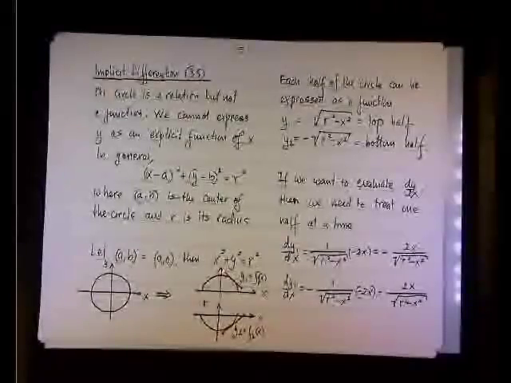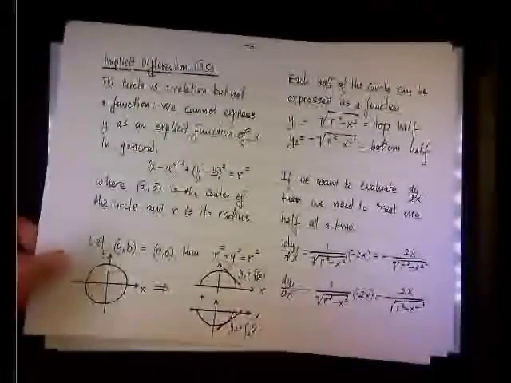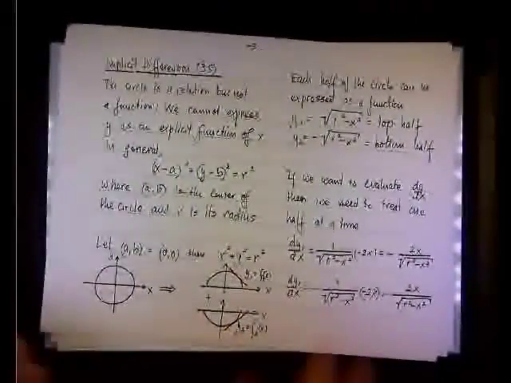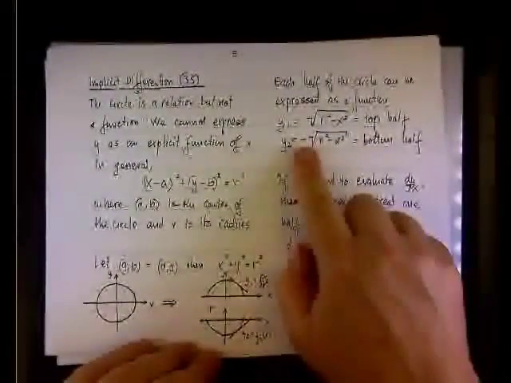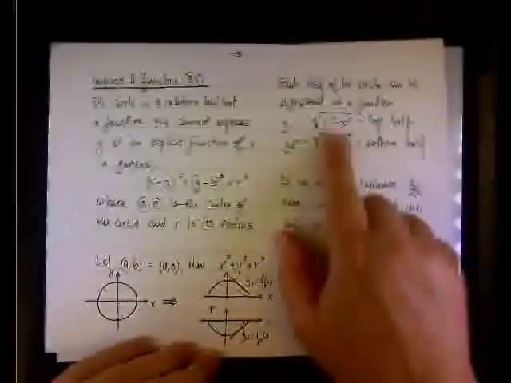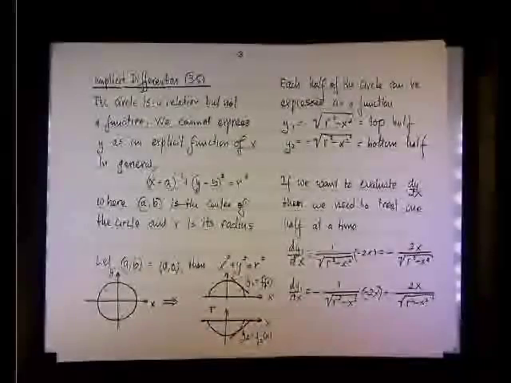But this is an inefficient way to find the derivative of the circle. Okay, so what would be a more efficient way? What we did here, notice that we end up writing two explicit functions. y1 equals an explicit function of x, and y2 equals an explicit function of x.